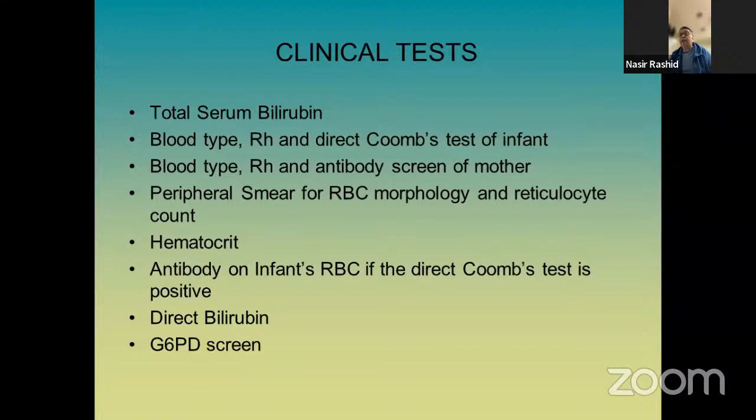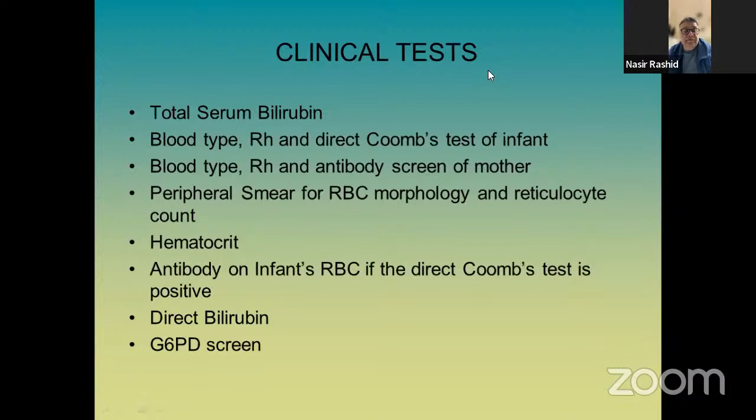Not many people know: if the retic count is high, your serial hemoglobin or hematocrit is falling and your bilirubin is rising, that means there's hemolysis going on. If you have a Coombs positive, that means it's an immune-mediated red blood cell destruction. And if the Coombs is negative, that means it is some kind of structural defect like G6PD deficiency or spherocytosis.